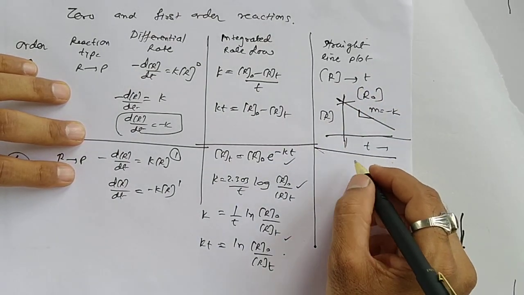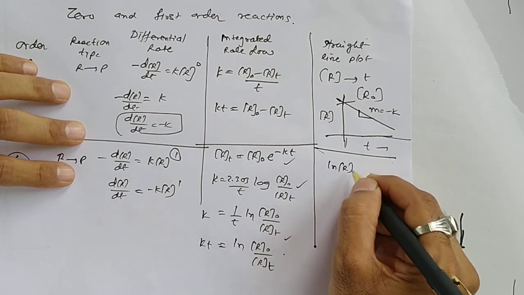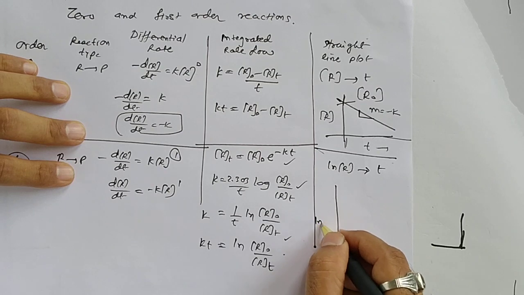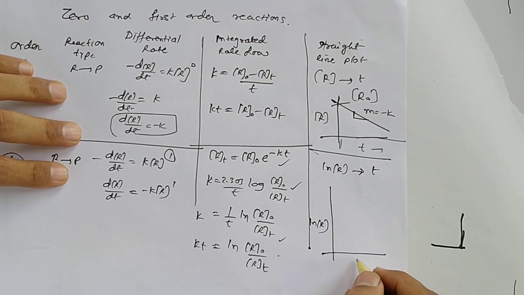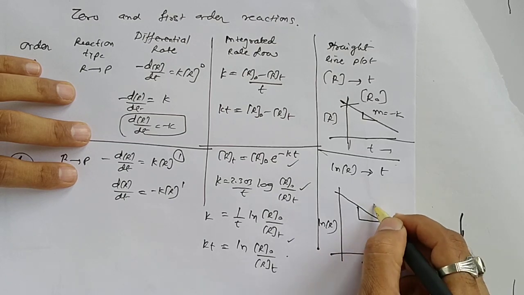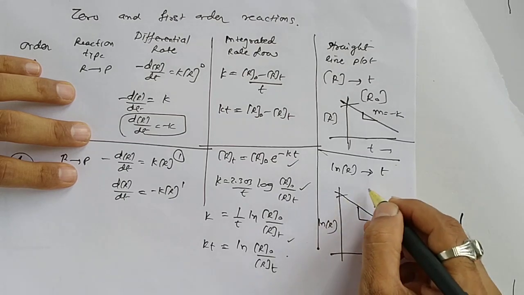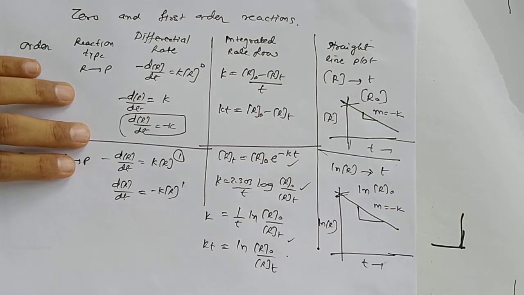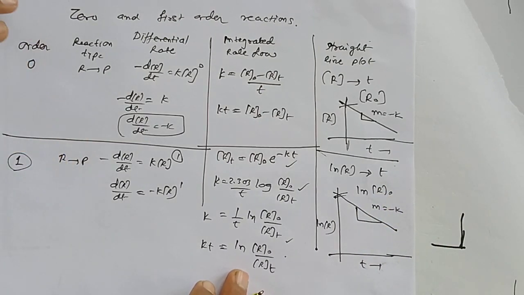For first order, ln R versus t. So ln R on y-axis, time on x-axis. It gives also minus K as slope, and intersection on y-axis gives ln R0. We are comparing.